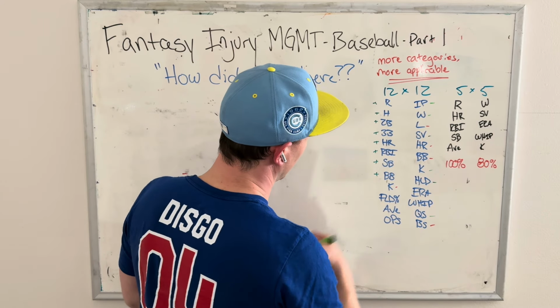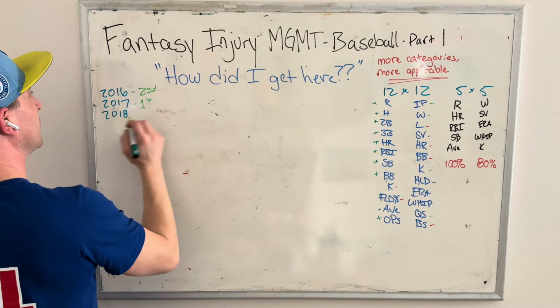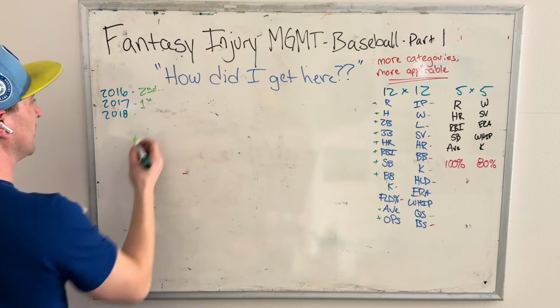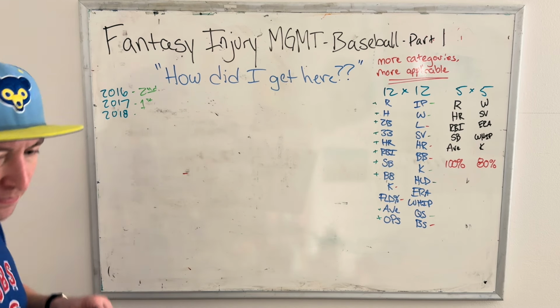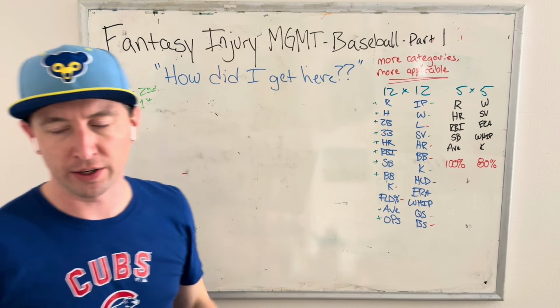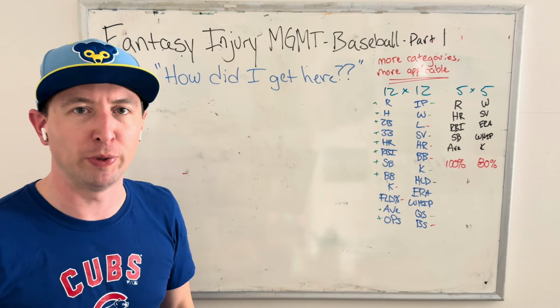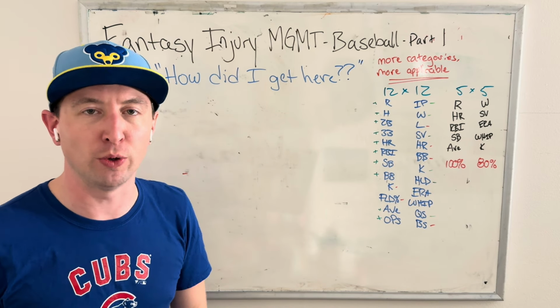I had finished second in my first season, 2016, never playing before. 2017, I won. 2018, this is what went down, right? Now, this is about the time where pocket aces was a thing, right? Your first two picks, you take 2 aces, because pitching was at such a premium.